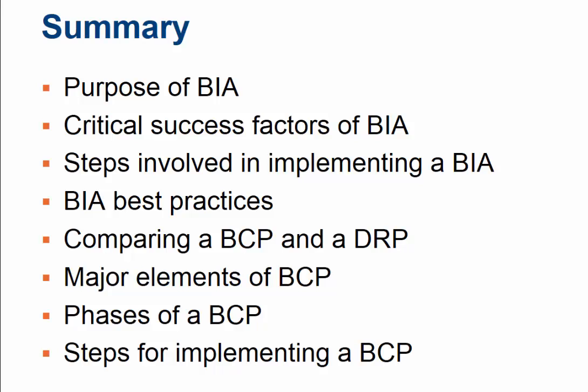Additionally, use testing and exercise to ensure the completeness of the BCP. I can't stress this enough: test, train, exercise. These things have to happen in order for a business continuity plan to be successful.